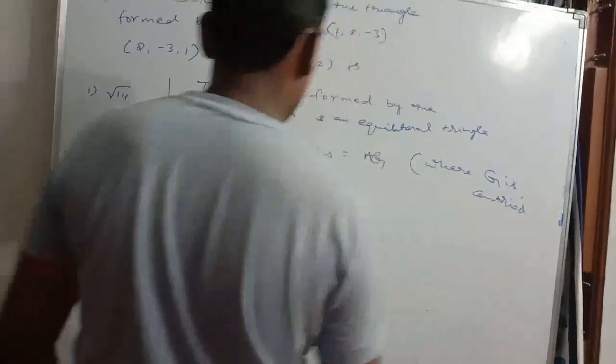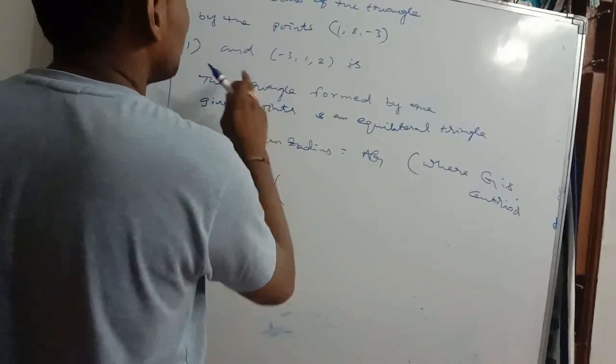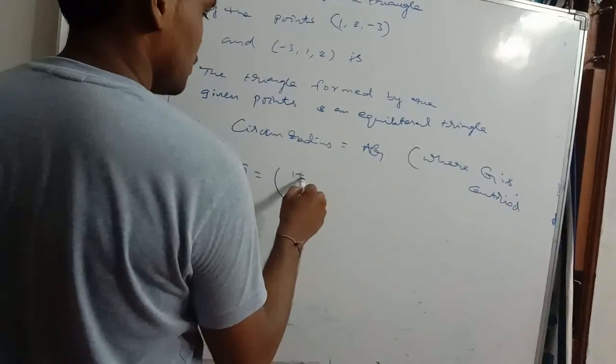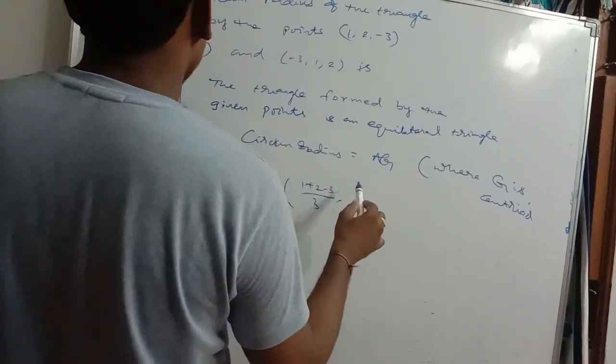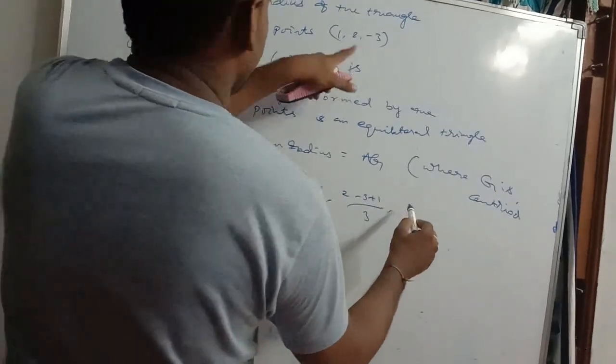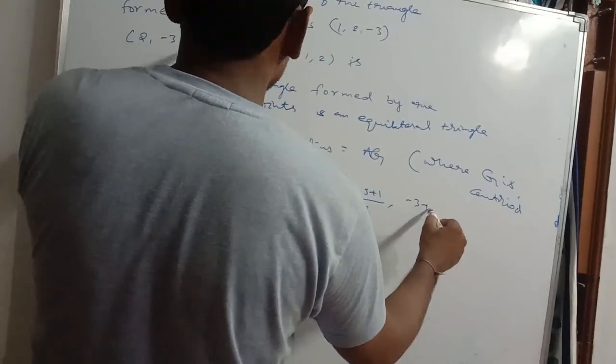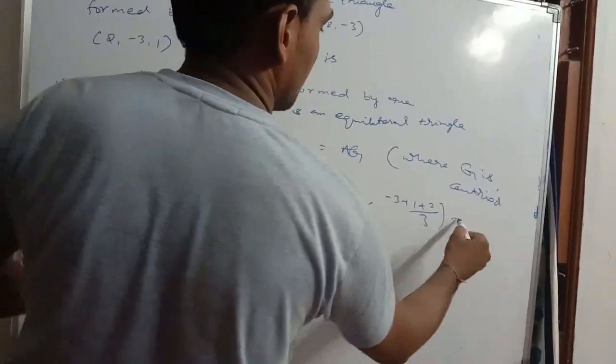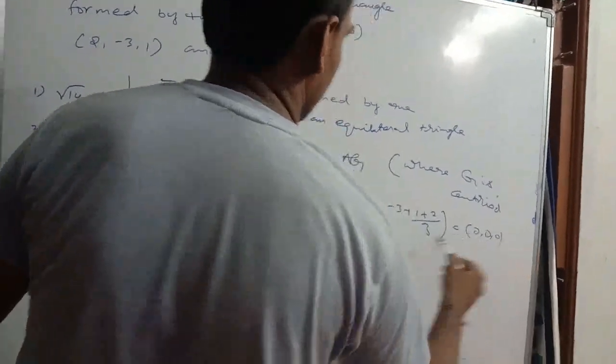Now find G: G is ((1 + 2 − 3)/3, (2 − 3 + 1)/3, (−3 + 1 + 2)/3). Here the centroid is (0, 0, 0).